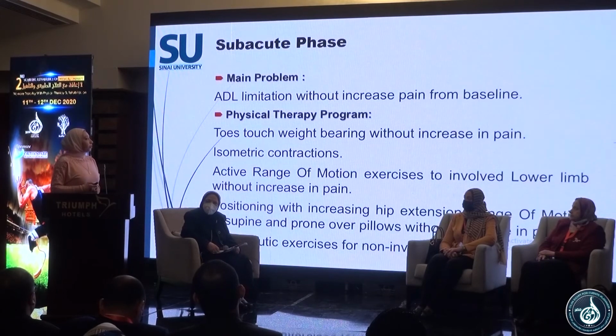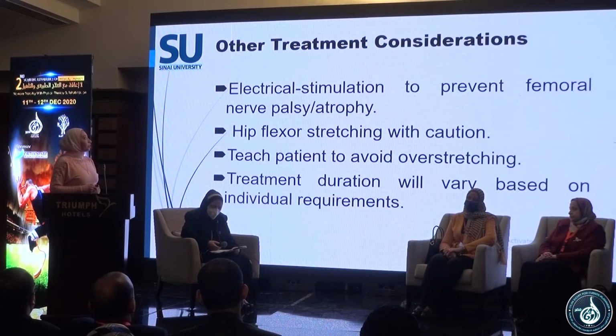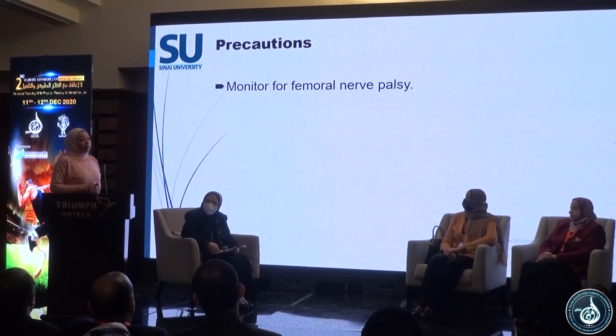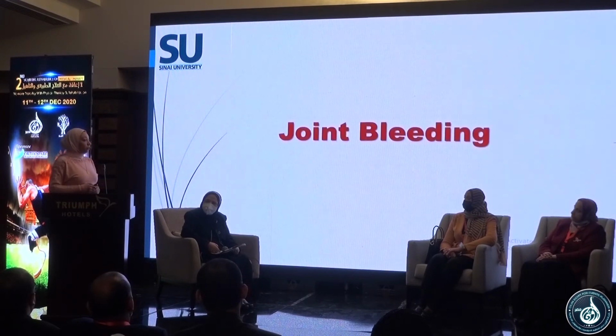The second physical therapy program in the subacute phase is toe touching without increasing any pain, isometric contraction, active range of motion, and positioning. Finally, in the chronic stage, full weight bearing without any assistance, positional stretching for prone, and active range of motion exercises. There's a very important precaution that should be taken when you deal with iliopsoas, which is to monitor if there is any femoral nerve palsy.